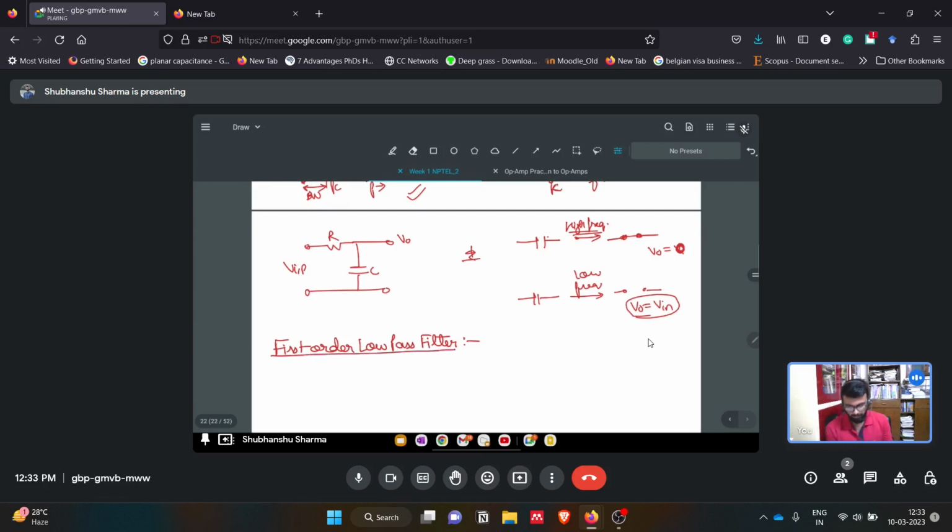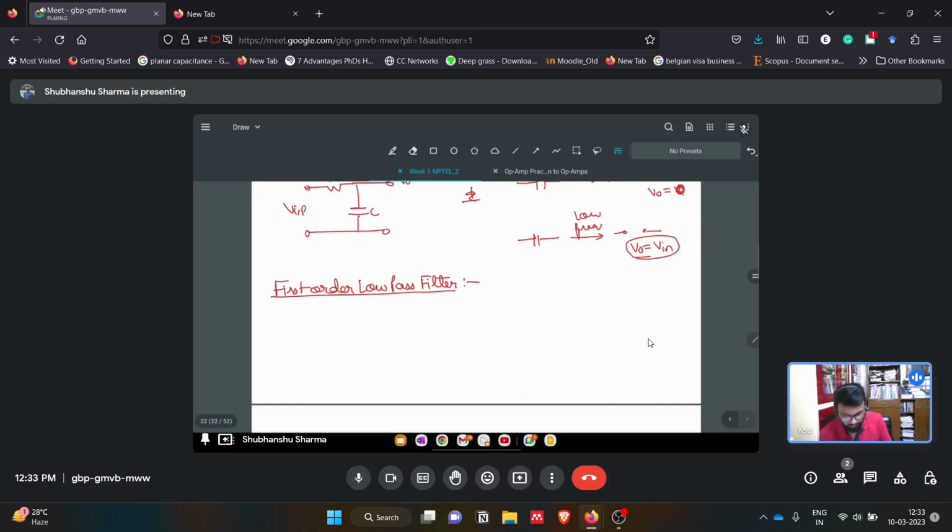We will use the passive components, the combination of R and C. This is the input, and after this we connect one op amp in unity gain amplification form. This is V output finally.